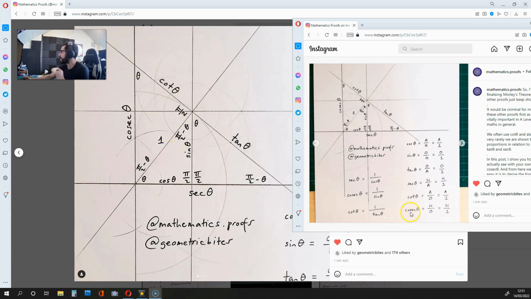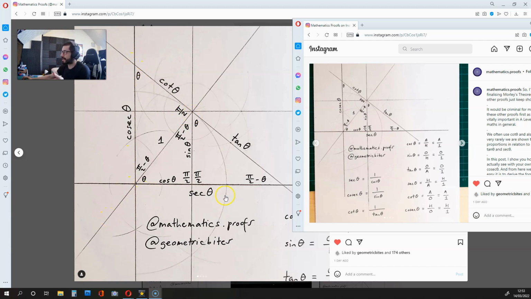Cosec theta is hypotenuse over opposite. The opposite is equal to 1, so cosec theta is simply the hypotenuse. So over here, what we can say is that 1² plus cot²θ is equal to cosec²θ. So we have this proof as well.